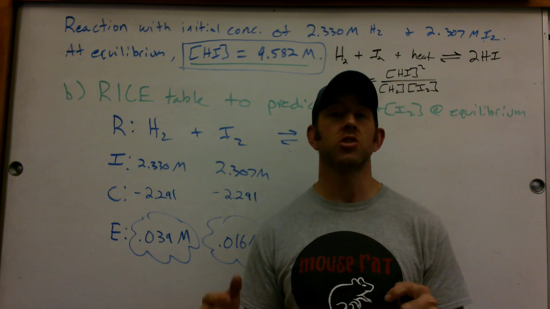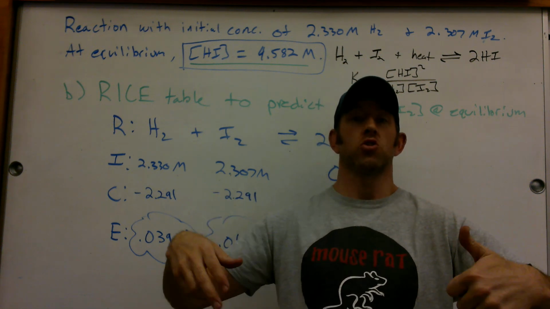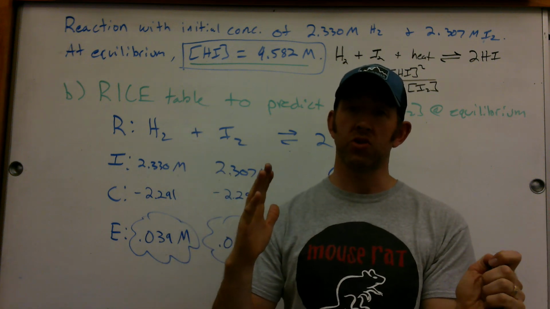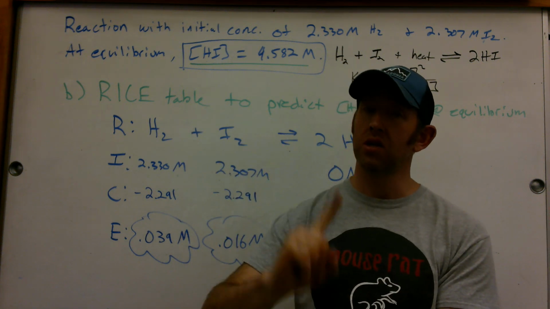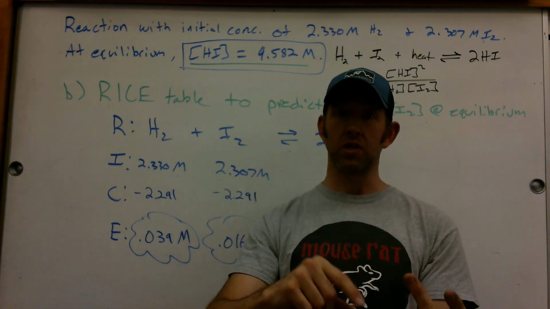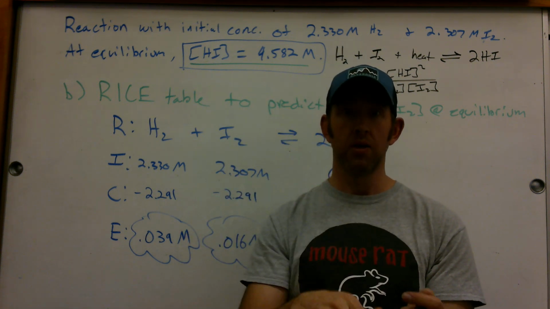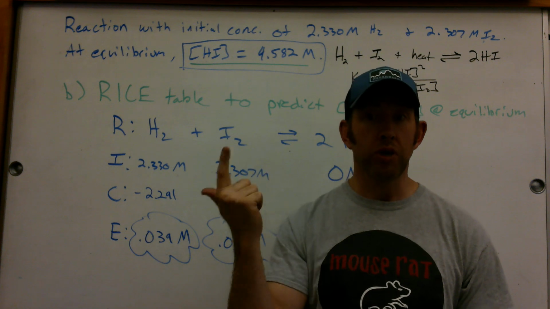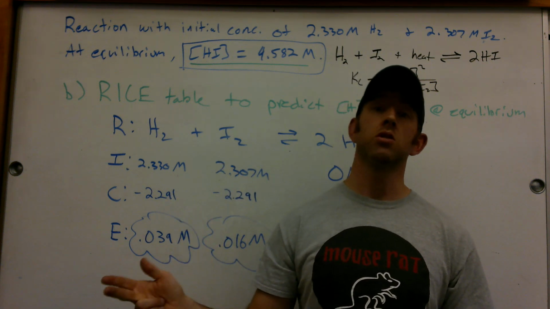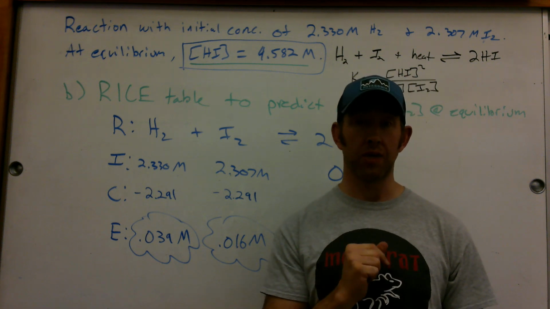Okay, so whenever I ask you to apply an equilibrium constant to a new situation, we're talking about only changing the concentration, not the temperature, not the pressure. Temperature and pressure will change the equilibrium constant. Concentration will not. One more time. Temperature and pressure will change your equilibrium constant. The concentration will not change the equilibrium constant.